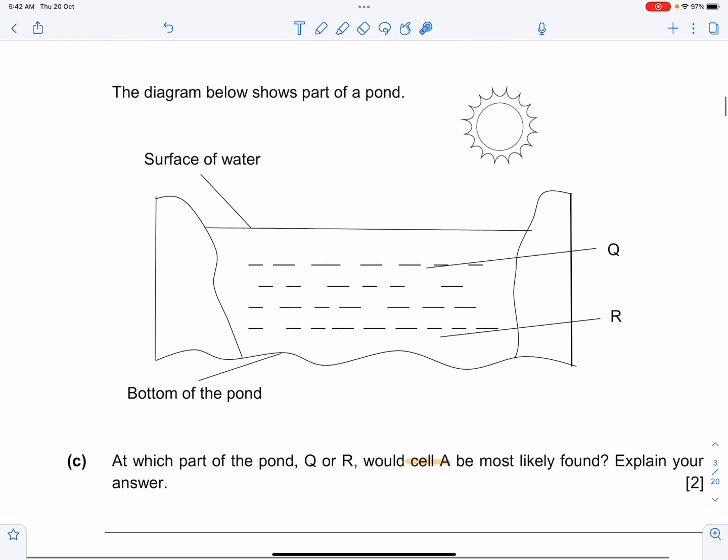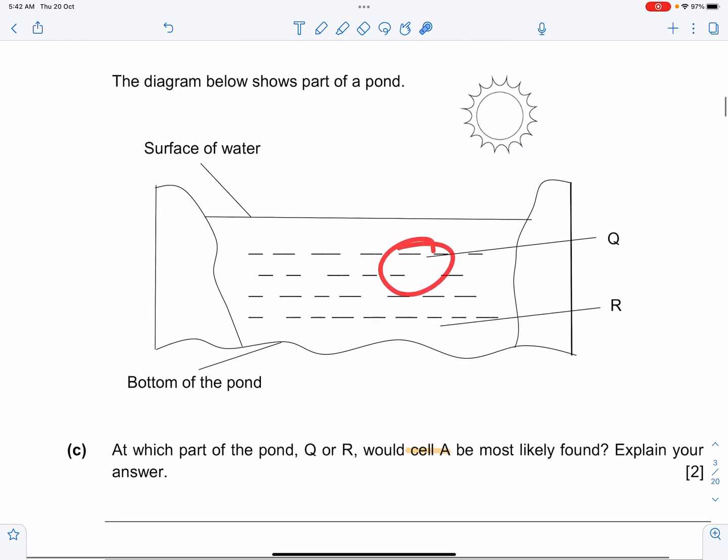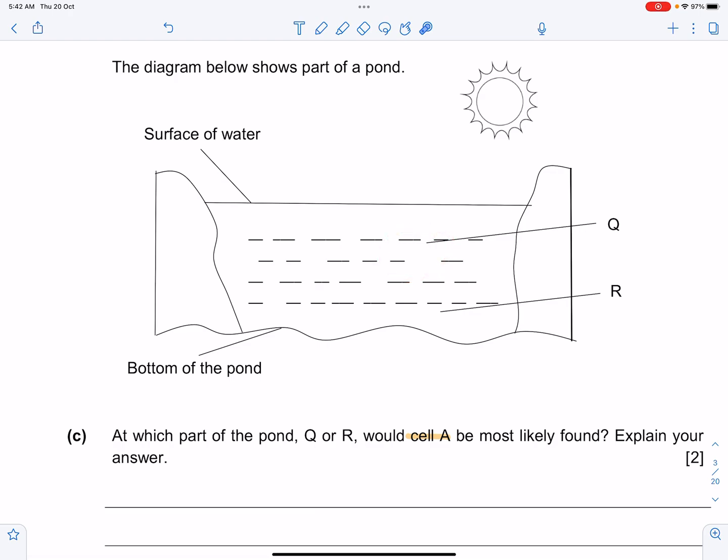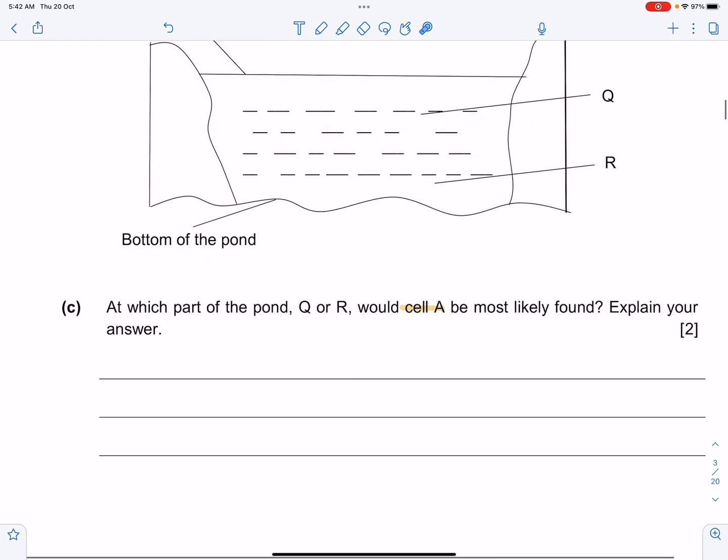You have to say that at Q, cell A is nearer to the surface or nearer to the sun to receive more or maximum sunlight for more photosynthesis, right? So just be careful about such statements when you don't want to say that it's an absolute yes or no.